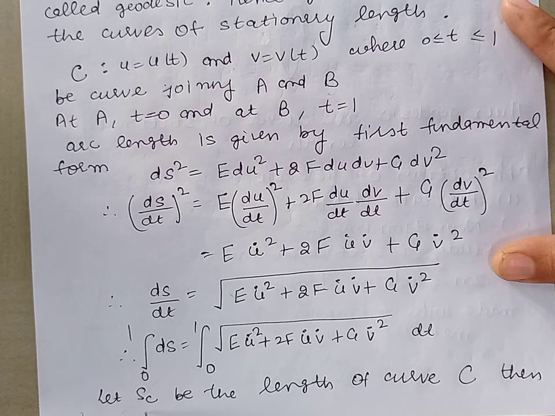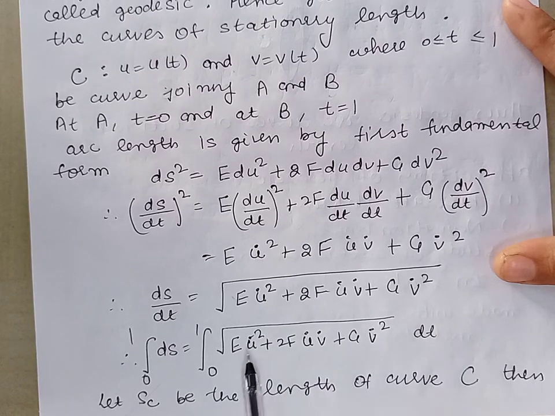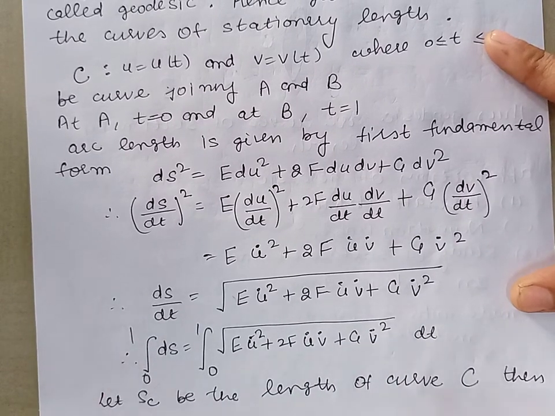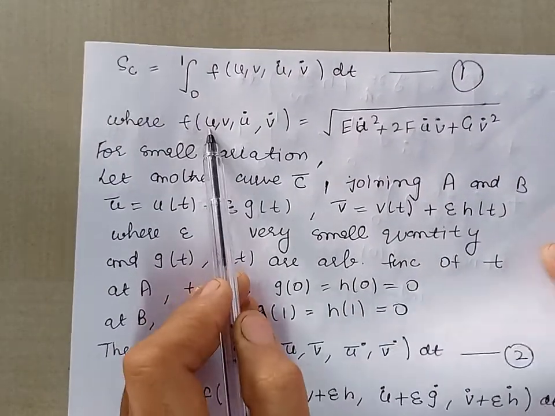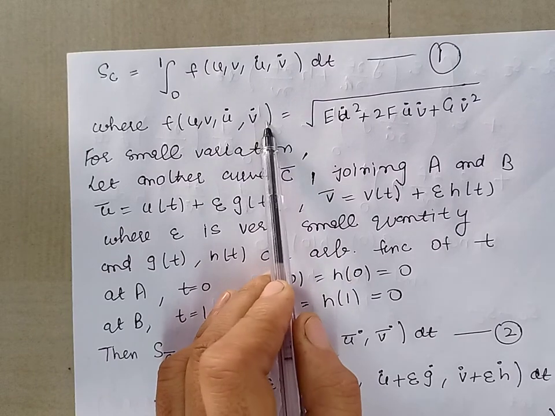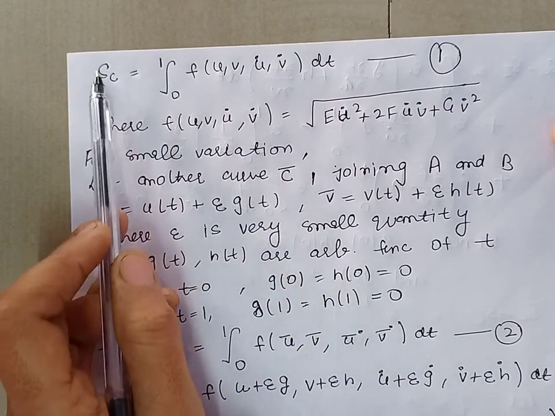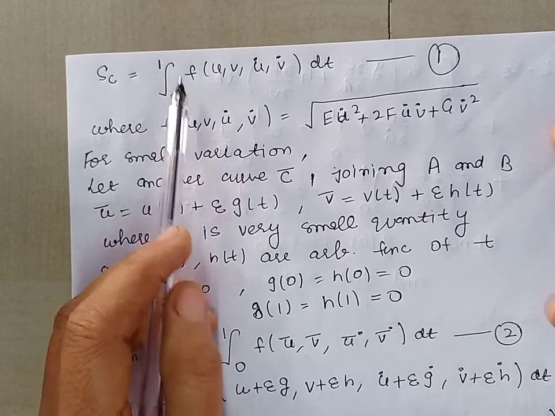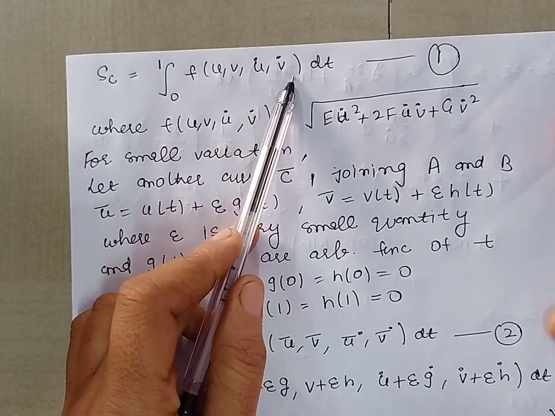SC means the length of the curve C, and we can see here this is a function of u, v, u dot, v dot. So, we can write this expression as a function of u, v, u dot, v dot. So, the length of the curve C is denoted by SC is equal to integral 0 to 1 function of u, v, u dot, v dot.